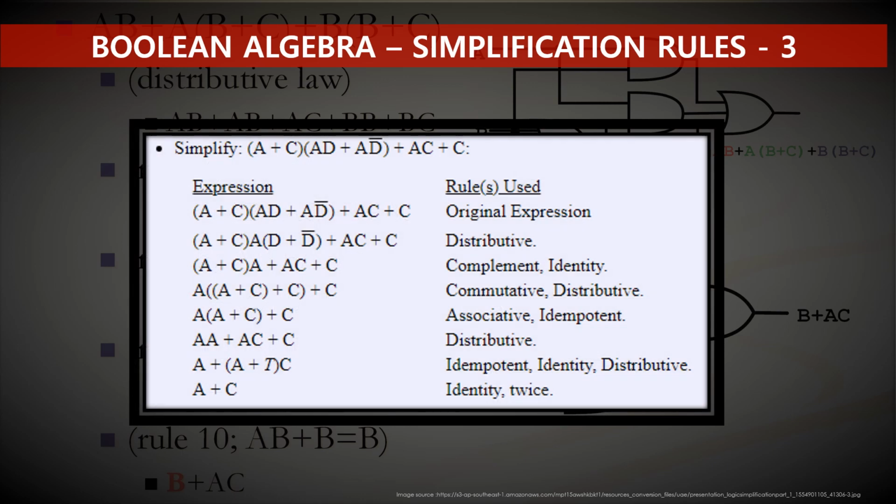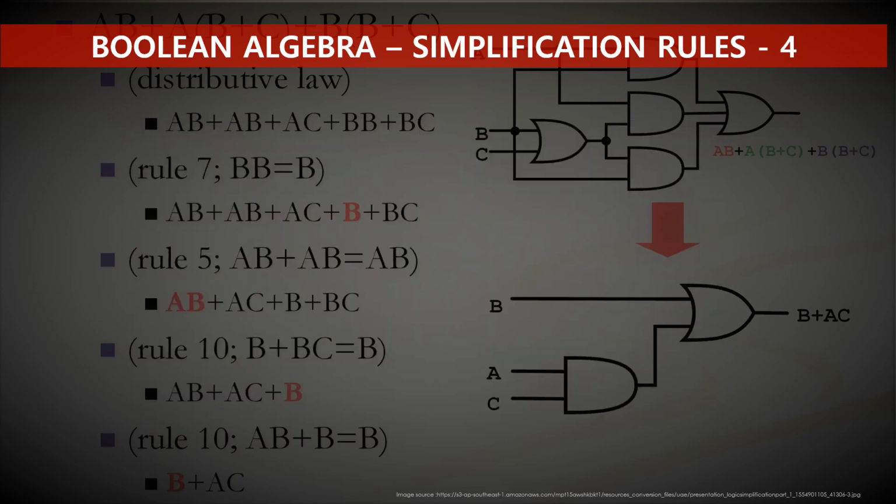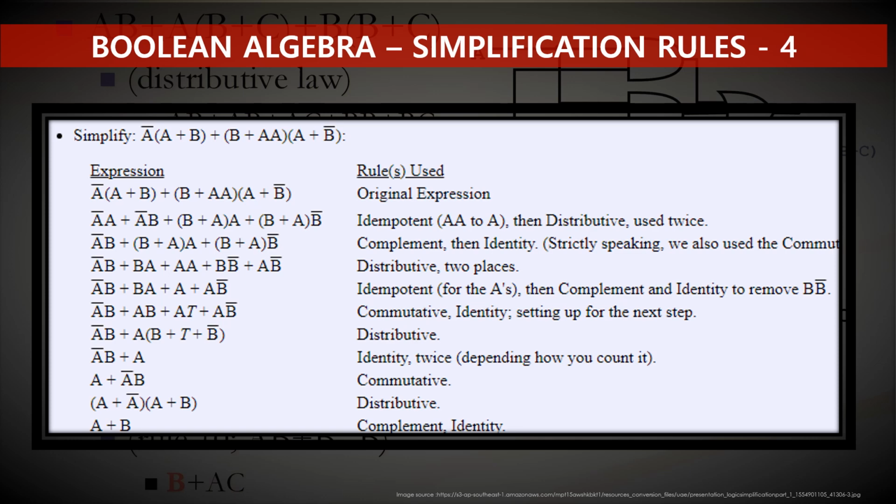This example we have already seen in the video, but try it by yourself. Also try this example, and after simplifying the expression, also check the truth table values, that is, does your truth table validate the expression or not.